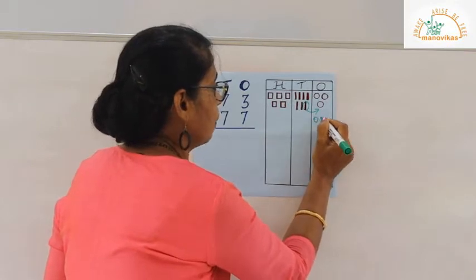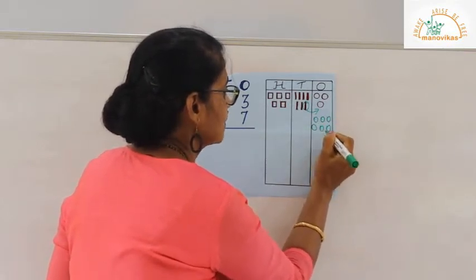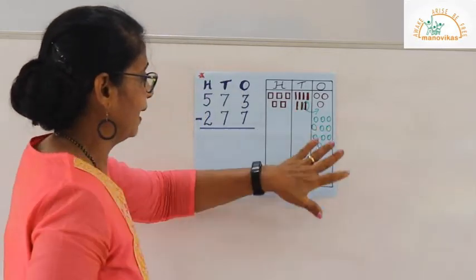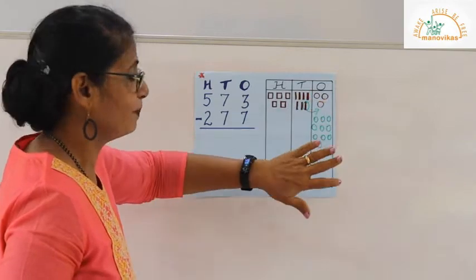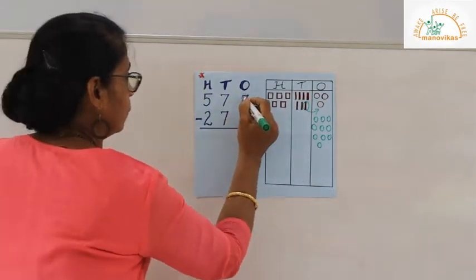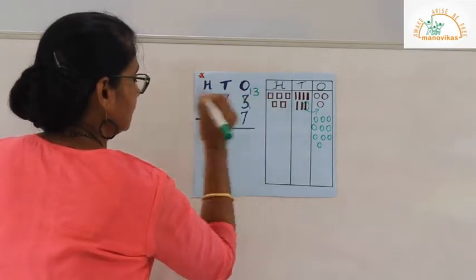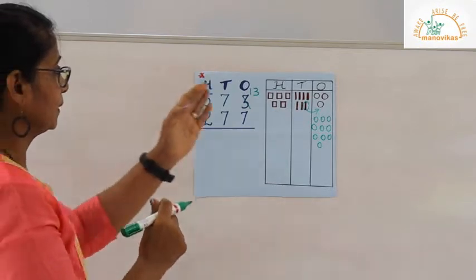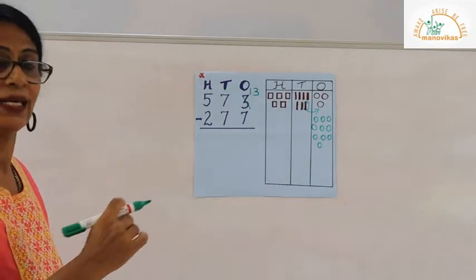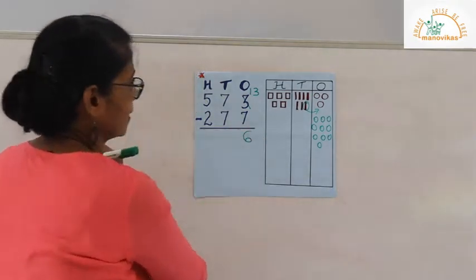So let's draw 1, 2, 3, 4, 5, 6, 7, 8, 9, 10. Now we have 3 ones plus 10 ones, which gives us 13 ones. So we have the number 13. So 13 minus 7 gives us 6.